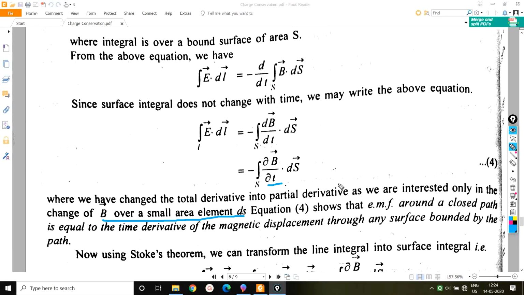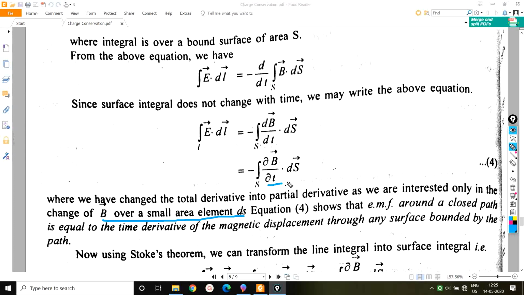Here the magnetic field varies with time, which is relevant; other variations are taken to be constant, or they are not at all important here. That is why dB dt is replaced by del B del t. So we have E dot dl now equal to minus surface integration of del B del t dot ds.